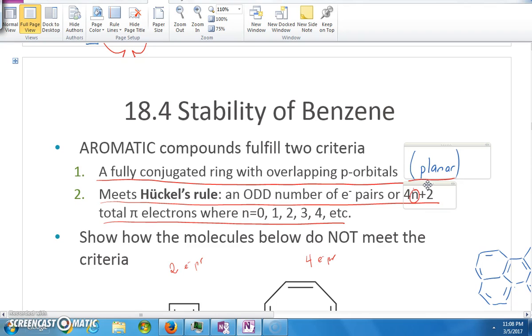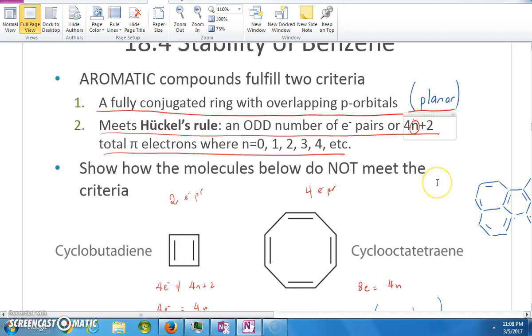So the total number of pi electrons should equal 4n plus 2. Or, if you want to look at it in another way, it should have an odd number of pi electron pairs. So either the molecule has an odd number of pi electron pairs, or the total number of pi electrons equals 4n plus 2. And we can show that here.